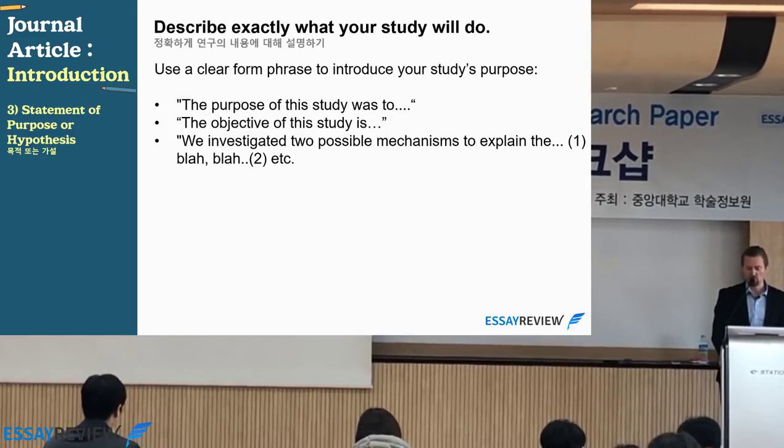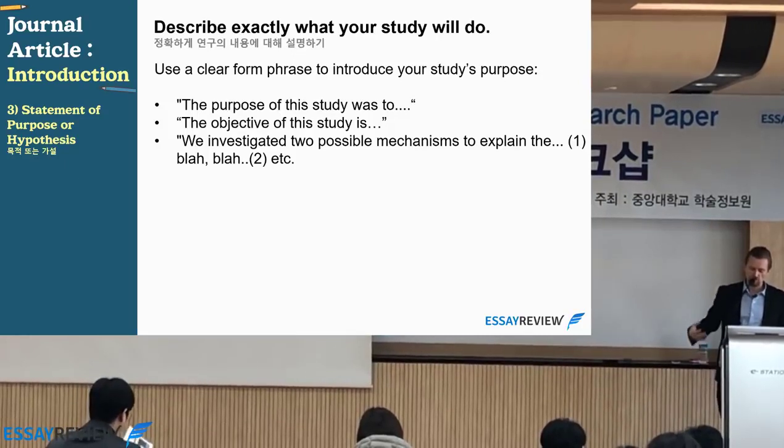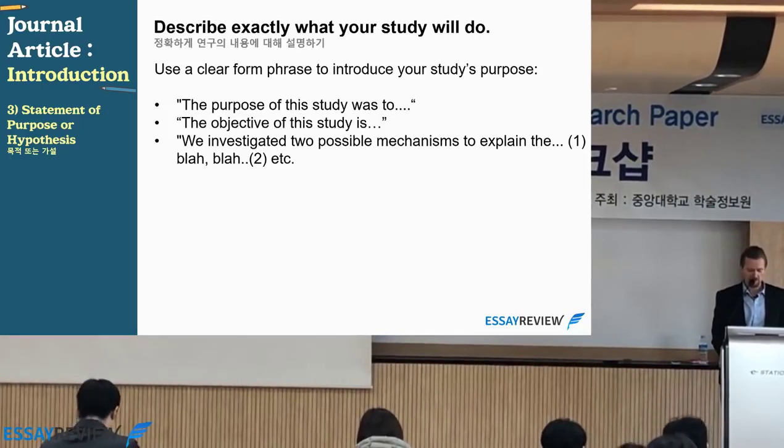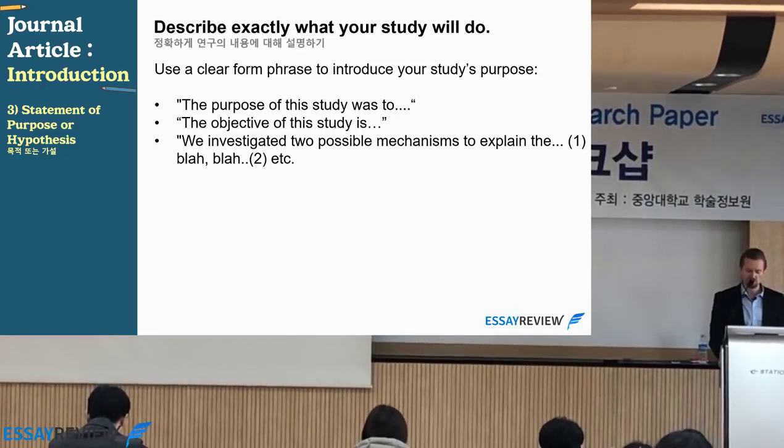The purpose of this study was to analyze X, Y, Z. The objective of this study is to assess the importance of blah, blah, blah. So you have the purpose, the objective. What did you do? We investigated 2 possible mechanisms to explain the blah, blah. Phrases like this are very basic, but they tell the reader where your hypothesis is. It should be easy to see where your hypothesis is.